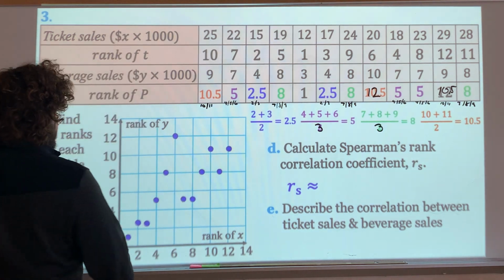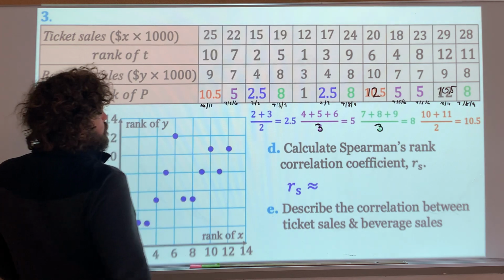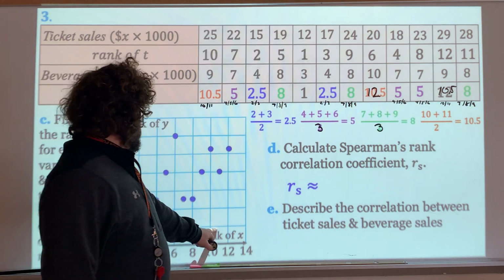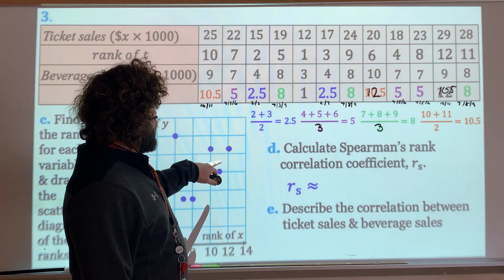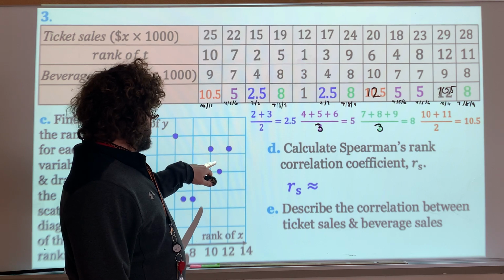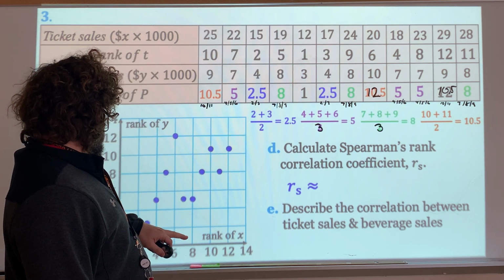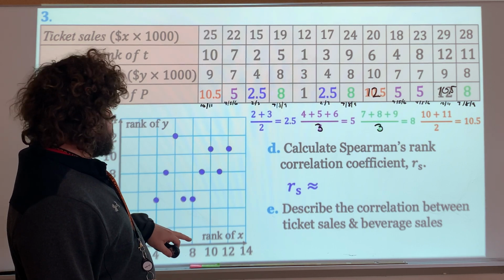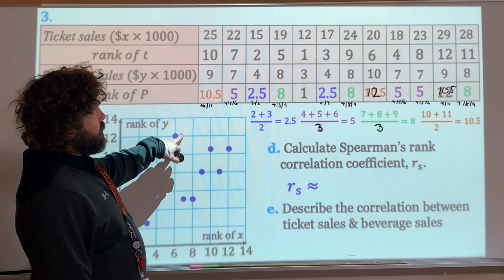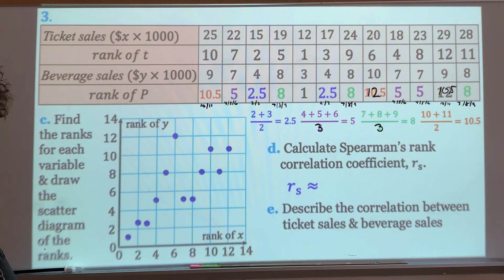All right. What's that? 6 over 12. Oh yeah, 6 over 12. All right, so they're plotted correctly. Calculate Spearman's rank correlation coefficient.